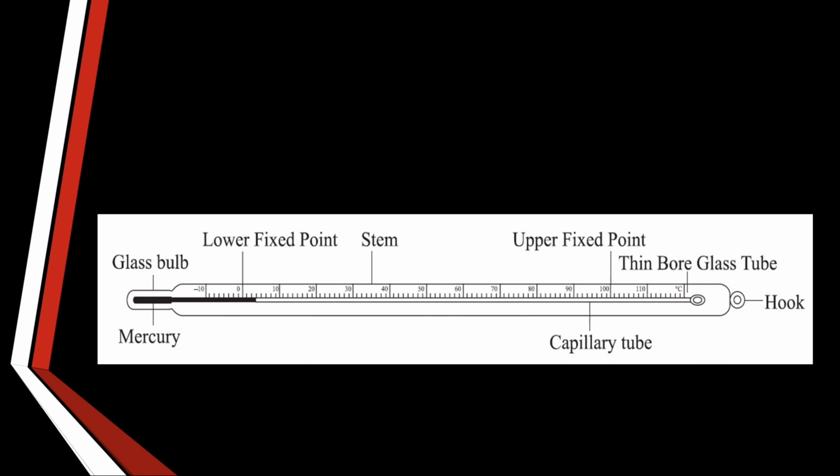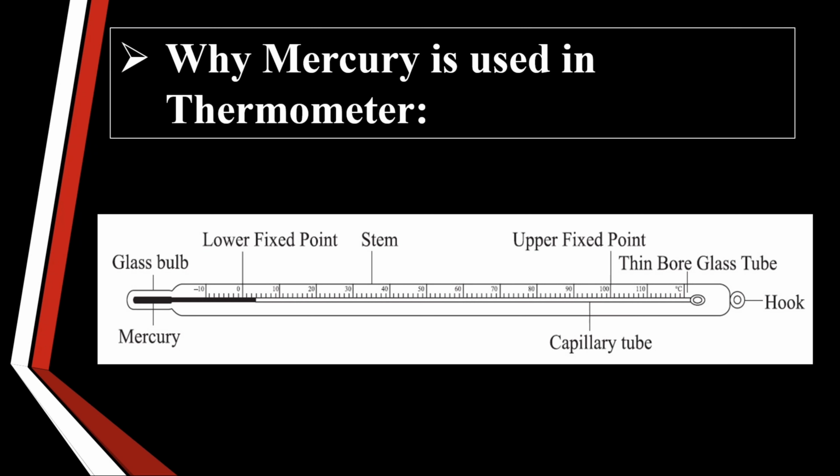Why is mercury used in thermometer? We all know that most metals are good conductors of heat and electricity and are solid at room temperature. Mercury is the only metal that is in liquid state at room temperature.